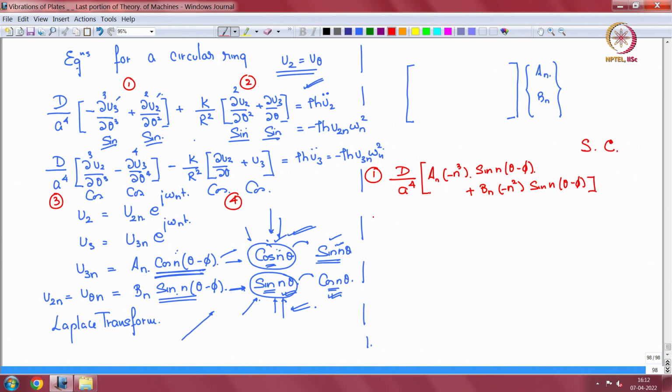Okay, then the second term, k by r square, two derivatives of u theta is bn minus n square capital S, plus one derivative of this, which is an into minus n into sine.